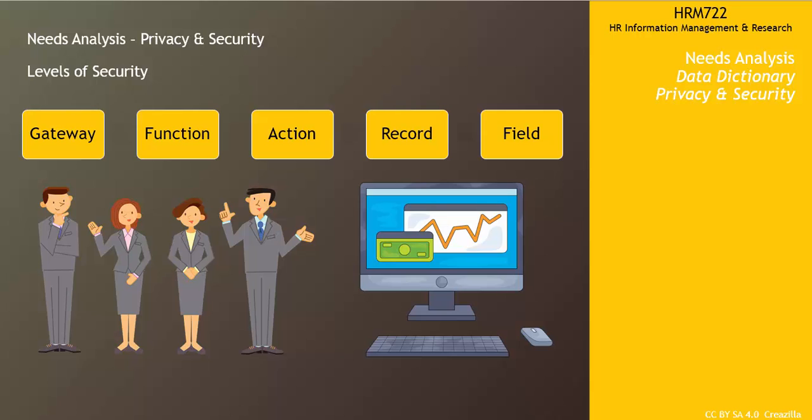And the higher up you go, the more levels of access, the more groups of people you can access. And the most intricate one is field. It's where you give access to somebody to look at a screen, but that one field, that one box, you're not allowed to see, like date of birth. Only some people can see it. So that would be called field level, okay?